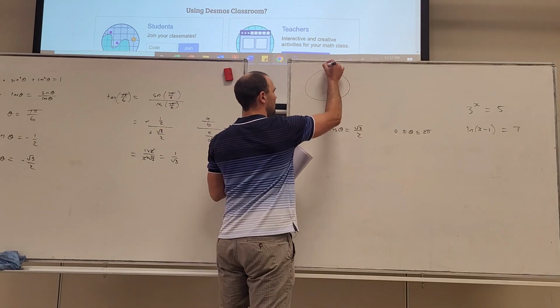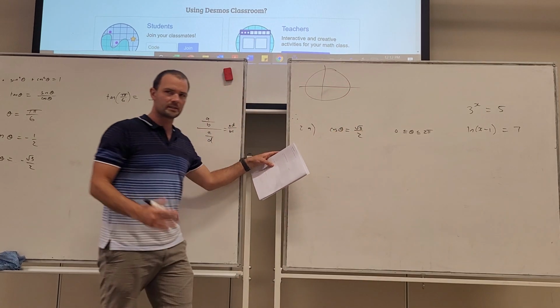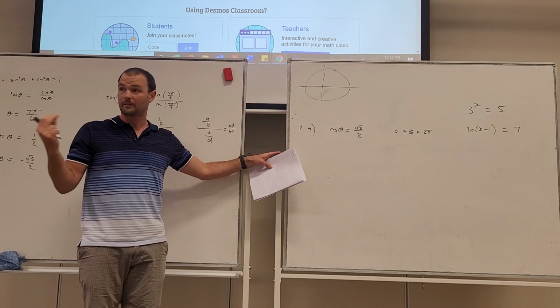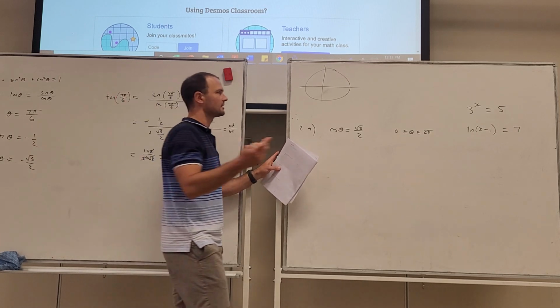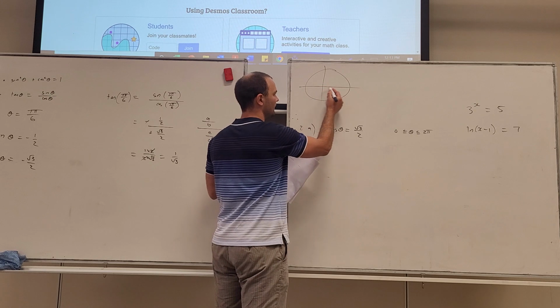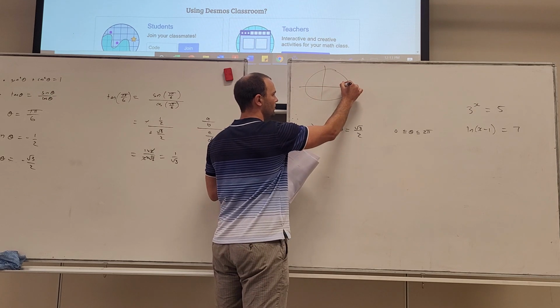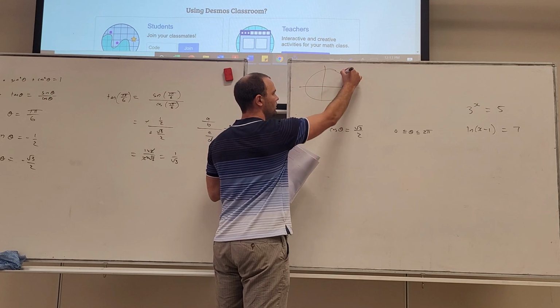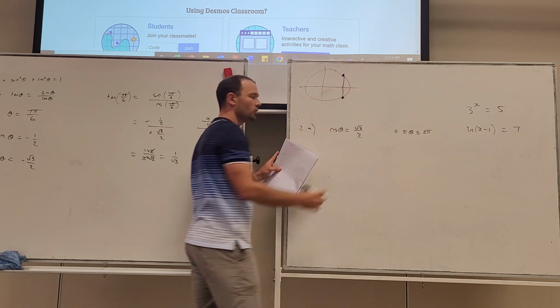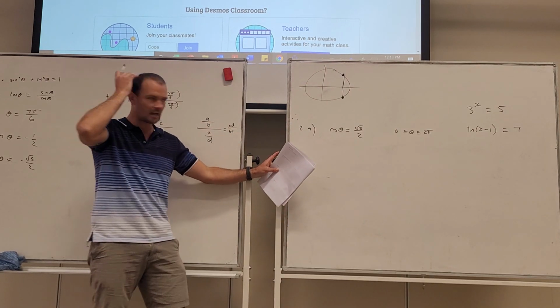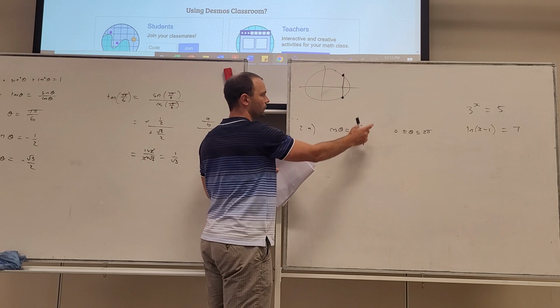Here's how we should think about it: root 3 on 2 is a positive number. You can evaluate it in your calculator, it's about 0.866. So if we're saying the x value, on the x-axis, is positive 0.866, it's going to correspond with these points. You can localize it just by understanding what it's asking you. It's a positive value of root 3 on 2.